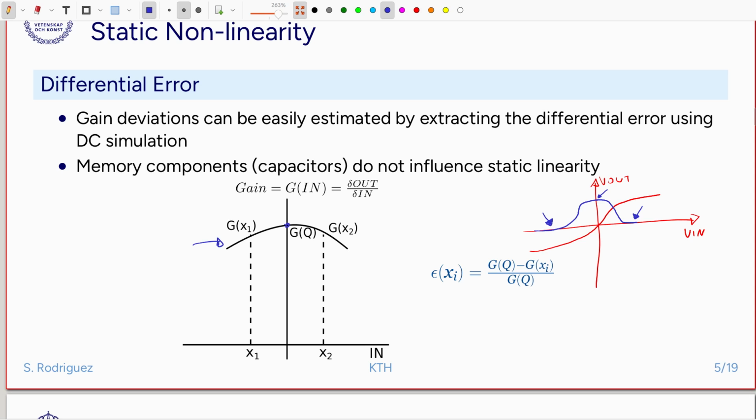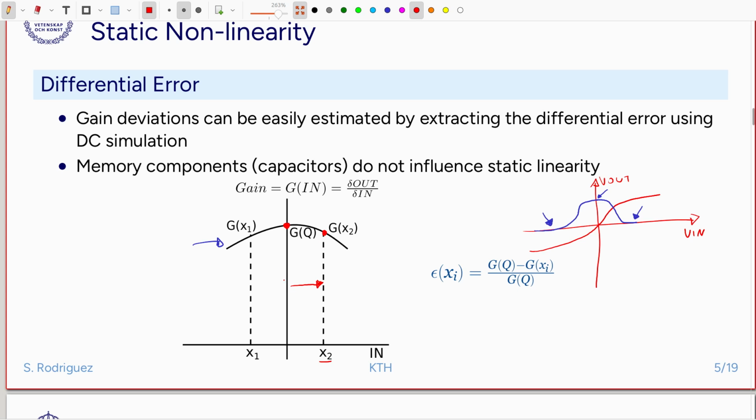The operating point is located here, and this is the gain at the operating point. A positive excursion x2 from the operating point will have a different gain, and then we can calculate the error of this gain using the following formula.